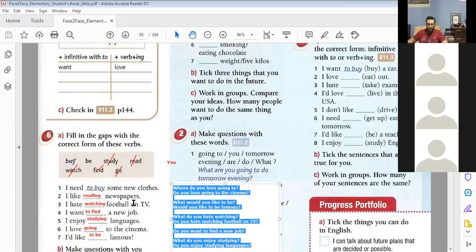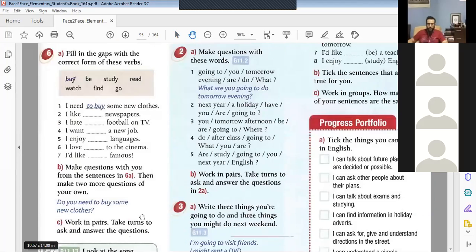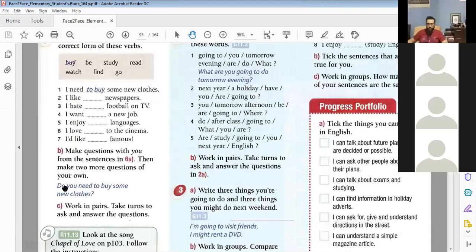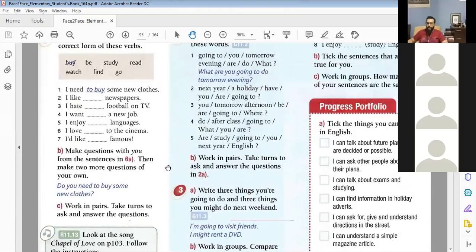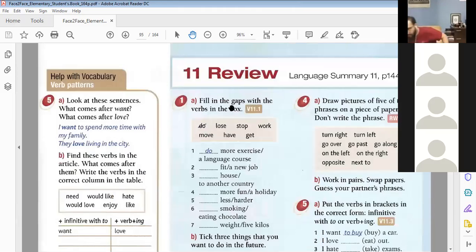Okay, so let's check the next exercise. Do you need to buy some clothes? All right, so we can do the revision now. Let's go to the first exercise in the revision.